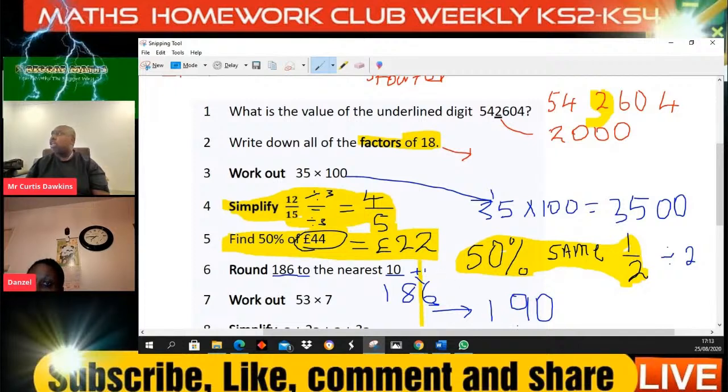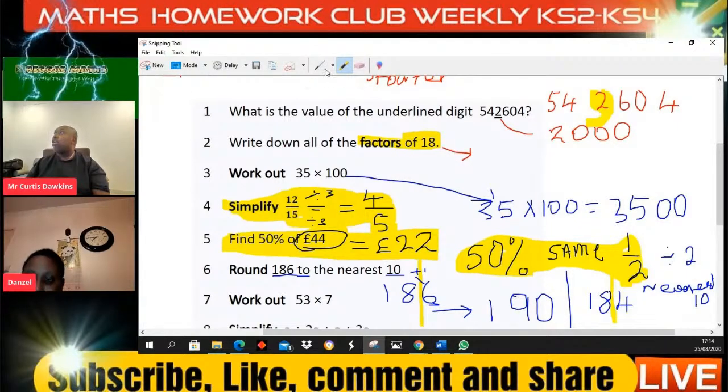Yes. So for example, look at this, Denzel. If this was, say, 184, and I need this to the nearest 10, right? Again, you need to look at the unit and the 10 number.